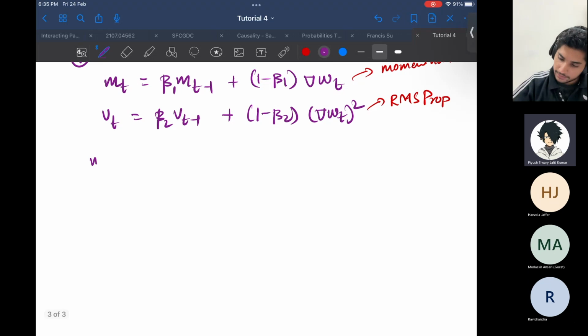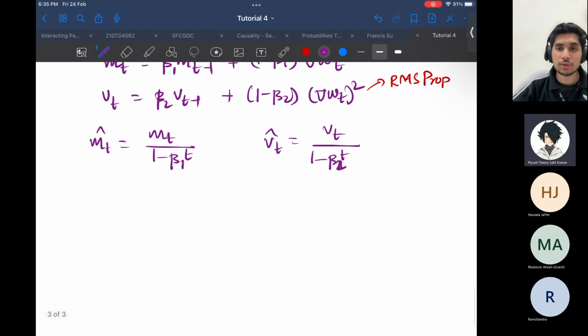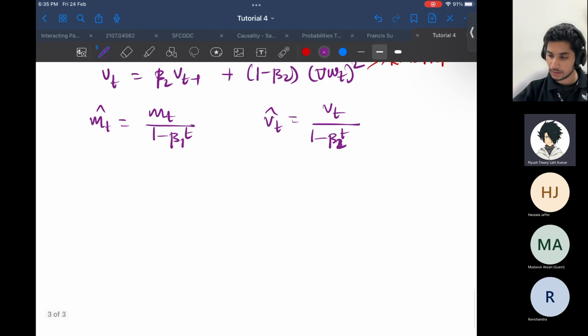You are also doing some sort of rescaling. mt hat is equal to mt over 1 minus beta 1 raised to t. vt hat is equal to vt over 1 minus beta 2 raised to t. This scaling is required to make sure that your estimate is unbiased.